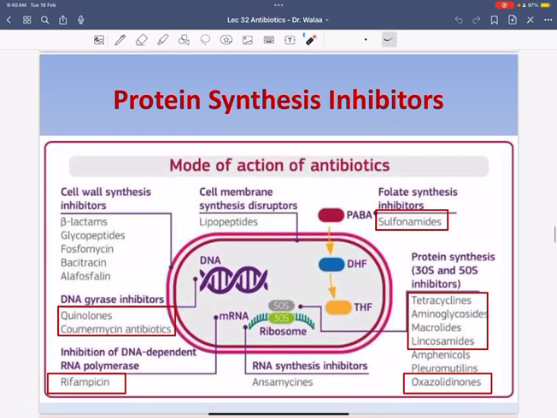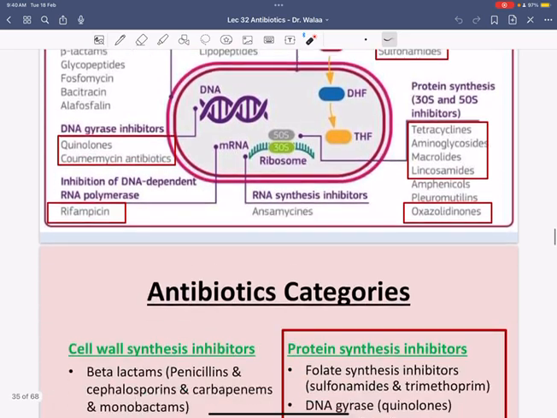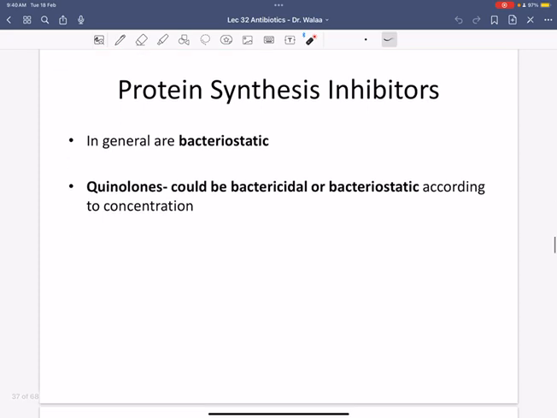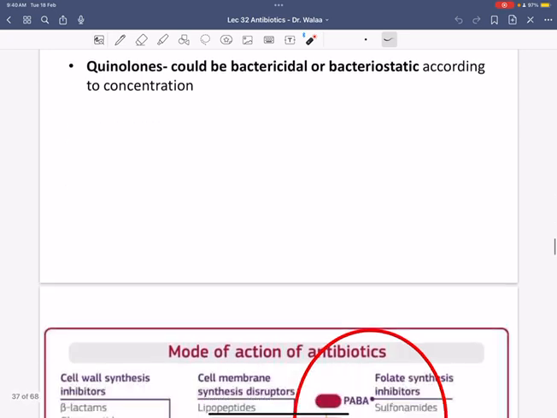Okay, so antibiotics that inhibit protein synthesis are usually bacteriostatic with one exception, which is the quinolone group, which can be bactericidal according to the dose and concentration.